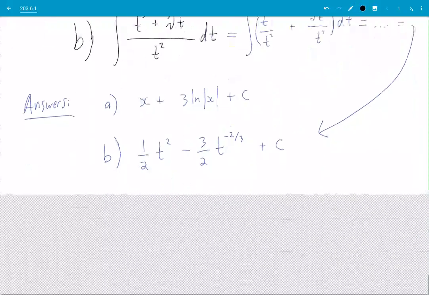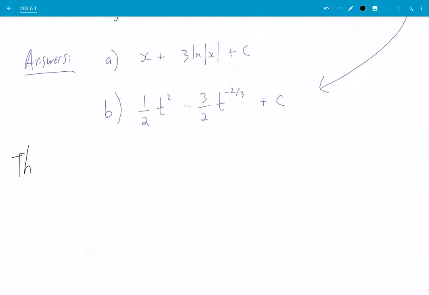Okay, useful theorem. If F prime of x is equal to g prime of x on an interval I, then what is the relationship between the original functions?